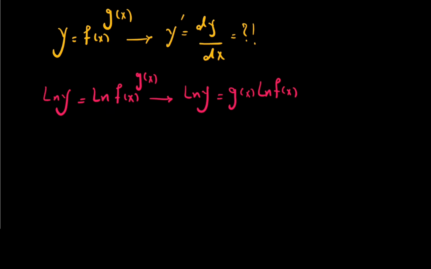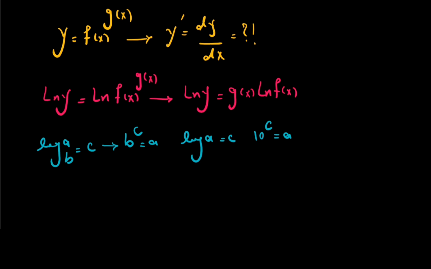Before I continue, you have to know some important things. So let me teach you. If log of a to base b equals c, then b to the power of c equals a. If b equals 10, we don't write the base. We just write log of a equals c, and it means 10 to the power of c equals a.